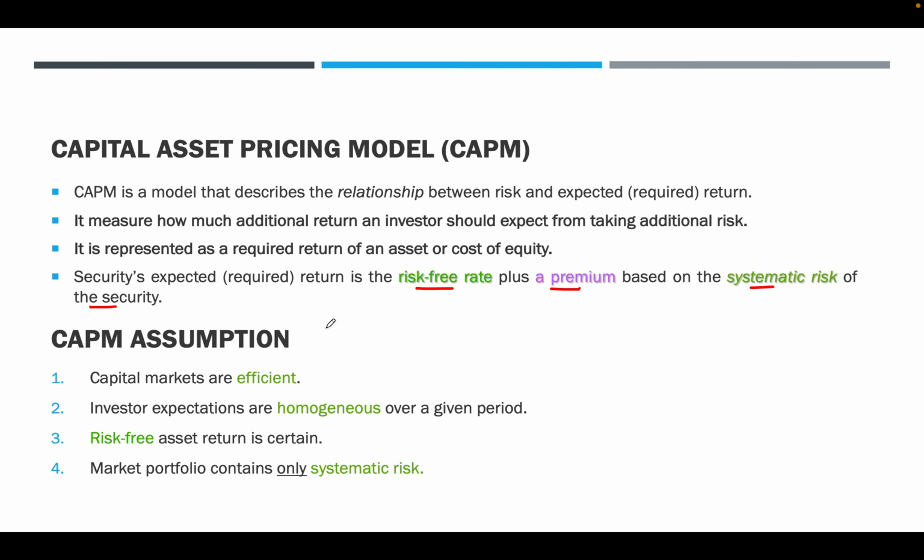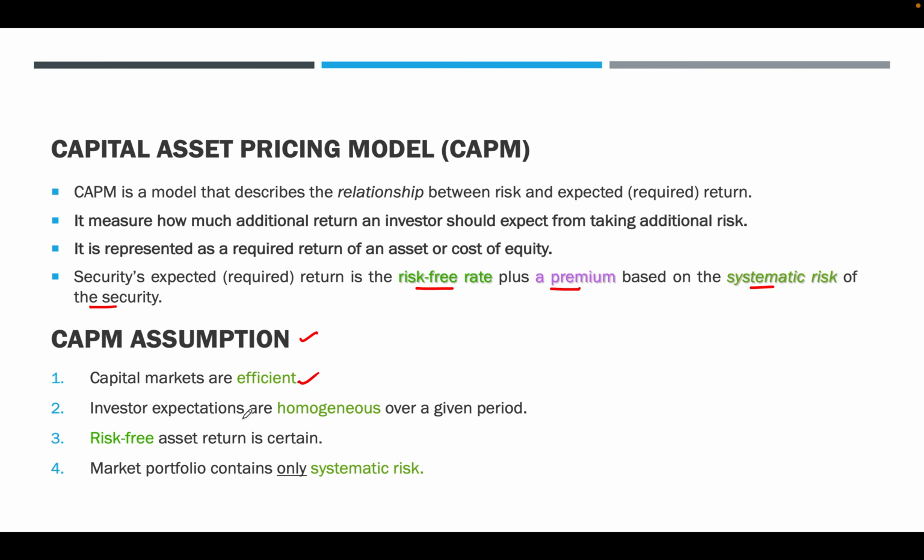In the capital asset pricing model, there are assumptions, which means we need to consider that capital markets are efficient. What does it mean? It means that the market itself runs efficiently. Everything goes as it is.